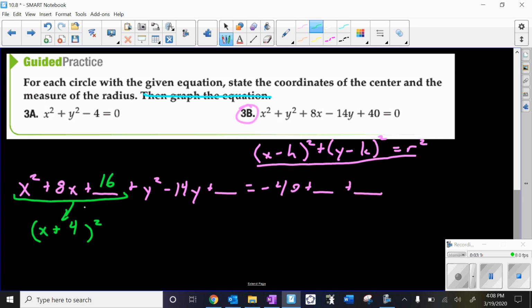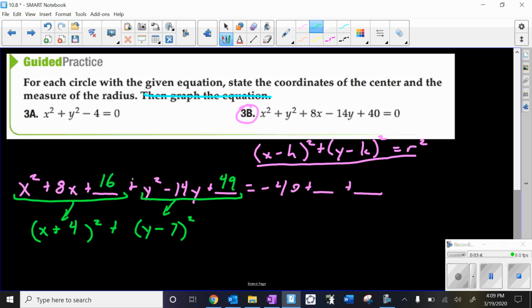How does x squared plus 8x plus 16 become x plus 4? I'll show you in just a sec. Now we do the same thing with these three spaces. I have y minus, following whatever sign this is, and I take 14, cut it in half, that gets me 7. Square it, that gets me 49.